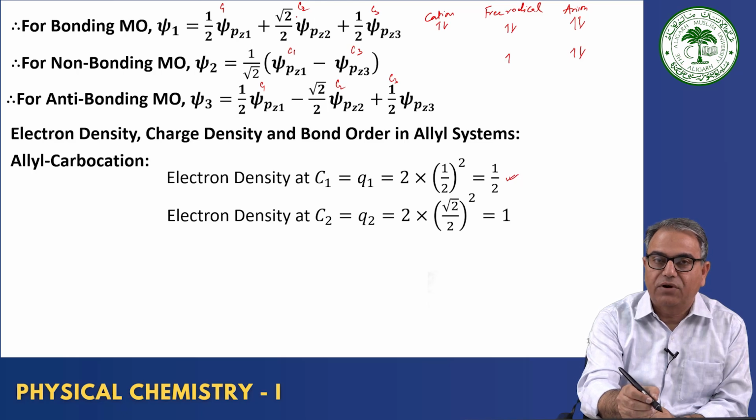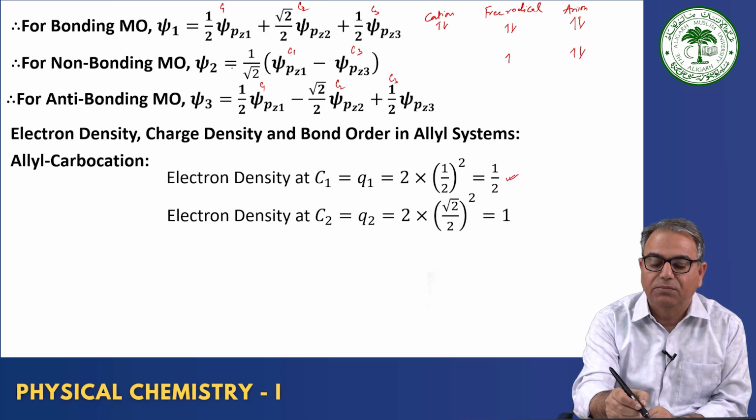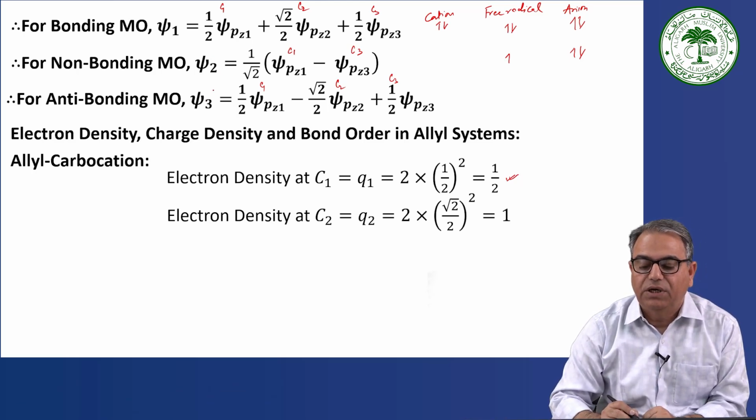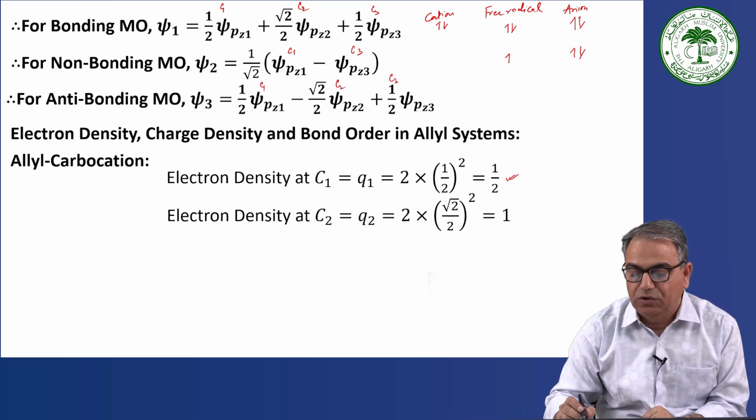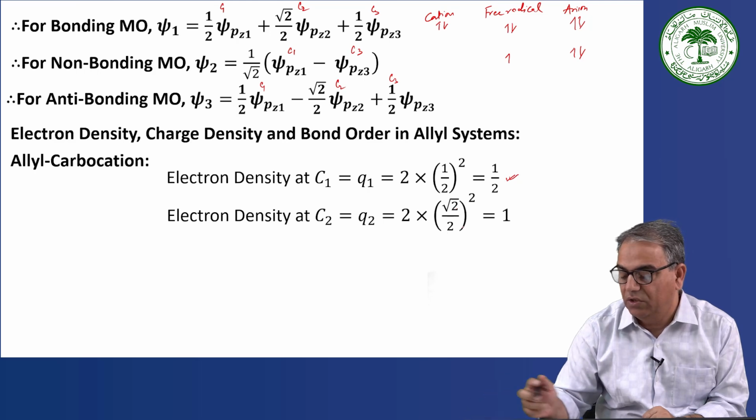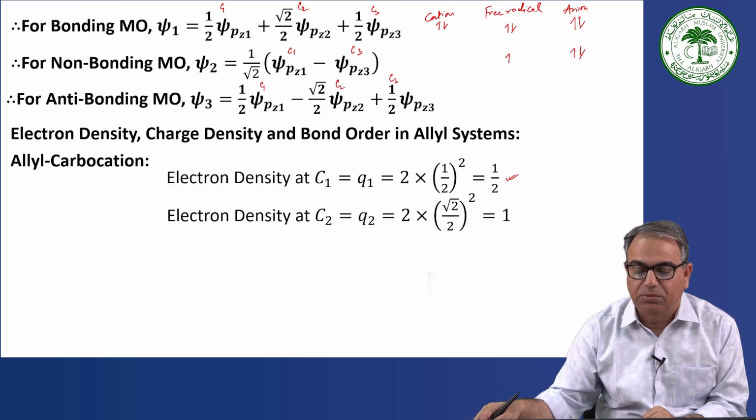So for calculating the electron density, we are concerned with Psi1 only. Psi2 and Psi3 will not play a role, because for the carbocation, Psi2 and Psi3 are vacant. So 2 multiplied by the second carbon atom coefficient, root 2 by 2, whole squared, comes out to be 1.